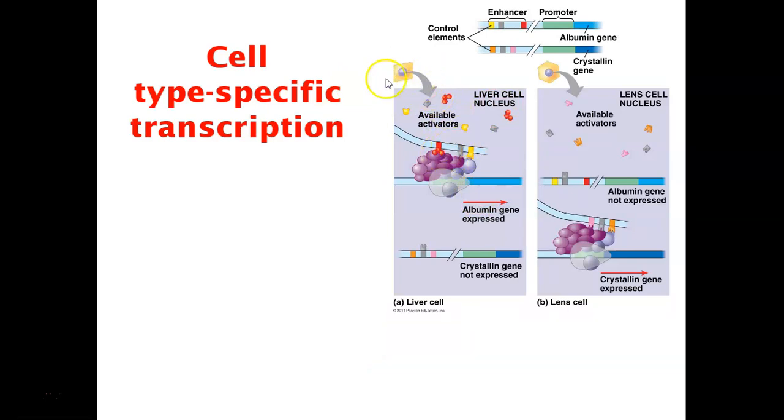Depending on what activator is available, you're going to get different levels of transcription and in different quantities. So in a liver cell, you might have certain activators that trigger specific genes. In this case, this activator might turn on this gene, whereas a different activator would then cause transcription of a different gene.